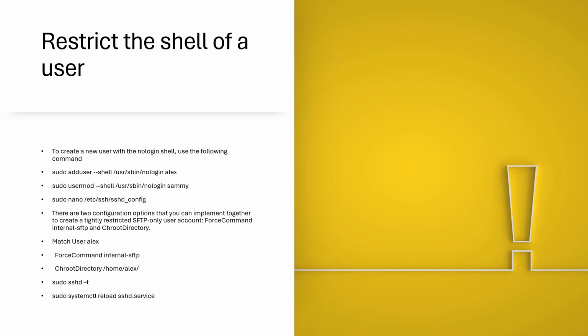Then you use the command sudo nano /etc/ssh/sshd_config. There are two configuration options that you can implement together to create a tightly restricted SFTP-only user account: ForceCommand internal-sftp and the ChrootDirectory.